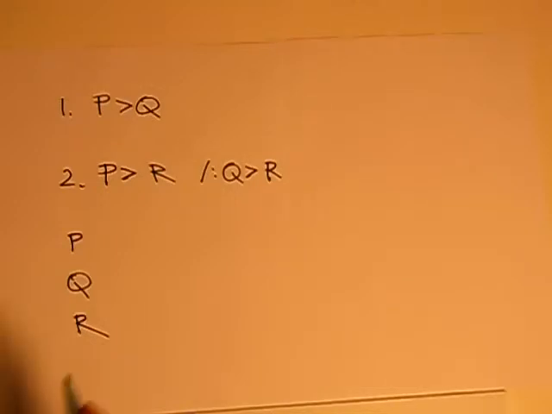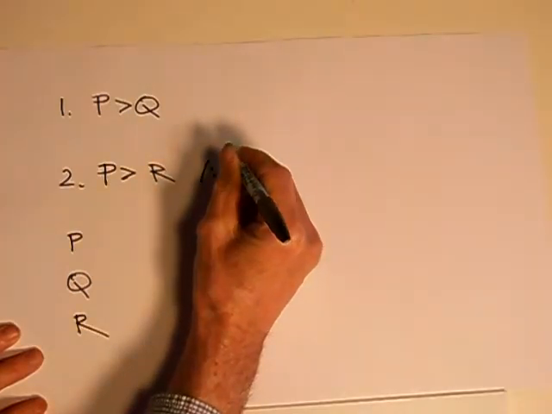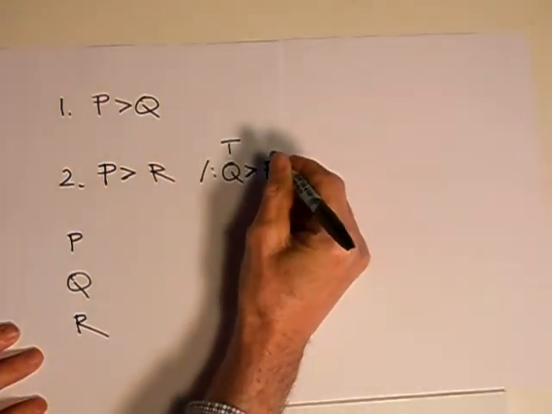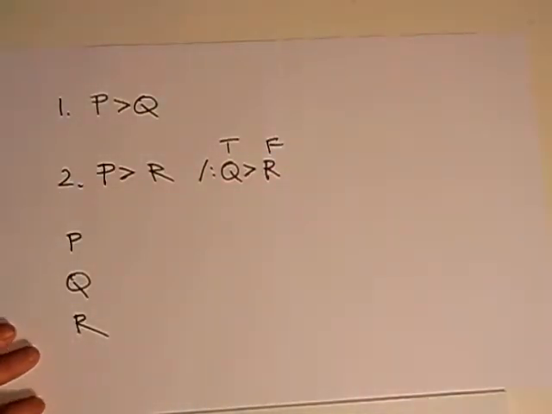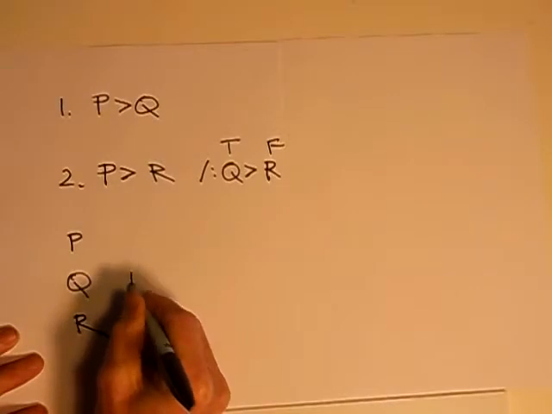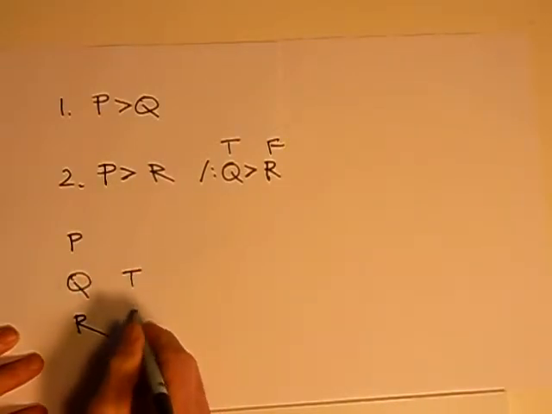Thus, we have to give values on which the conclusion is false. So, the only case that does that is if Q is true and R is false.